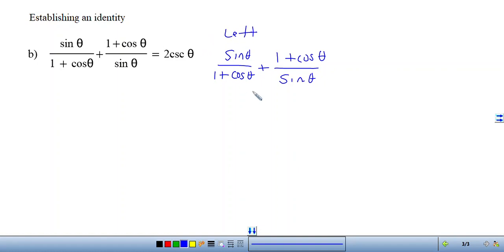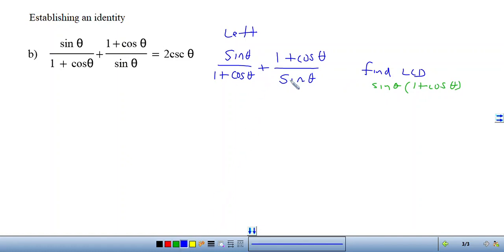I want to arrive at the right side. So let's go ahead and find a common denominator. So LCD, find LCD. So once you find the LCD, which in this case is just sine theta times 1 plus cosine theta. So you're just multiplying these two.